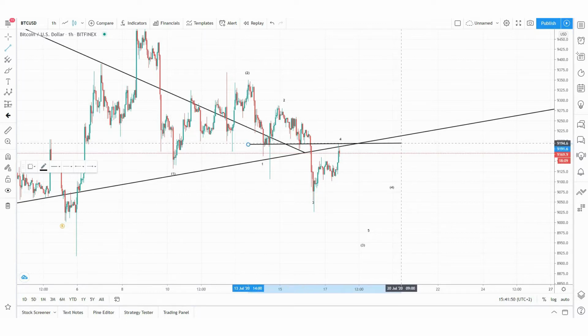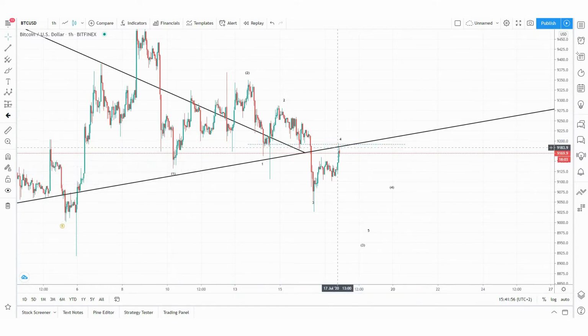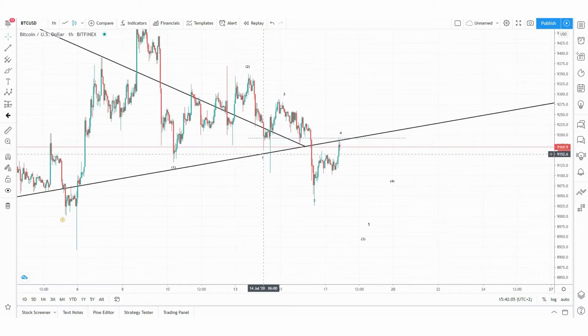Like what was previously said on the higher degree time frame, I would expect that this level gets respected, and if the price continues moving to the upside and enters the territory of this first wave here, this count will also be invalidated.